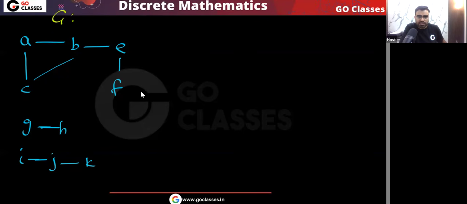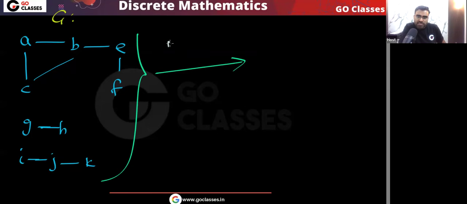Now you tell me, in this graph G, if I add one edge, for example, if I add bf, then tell me what will happen. If I add this edge, then how will the number of components change? Can anyone tell me? By adding this edge, the number of components will change by how much? Unchanged. Yes or no?